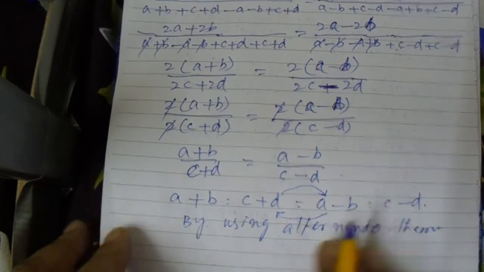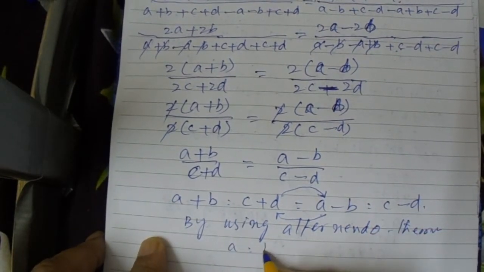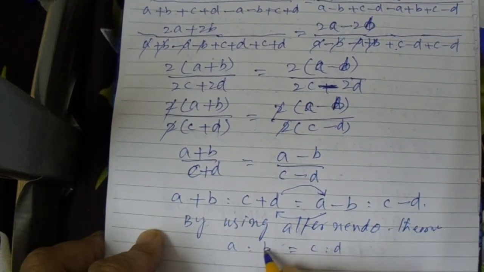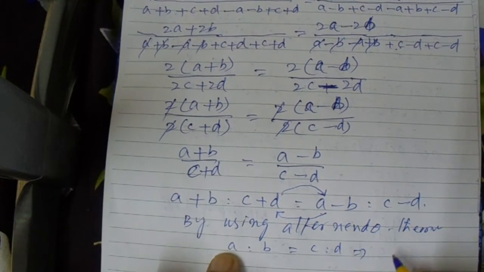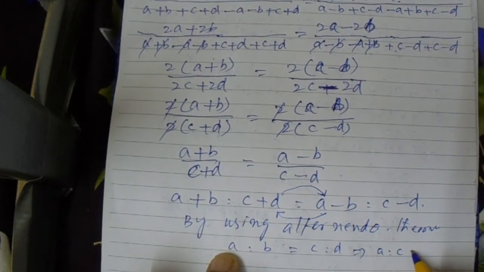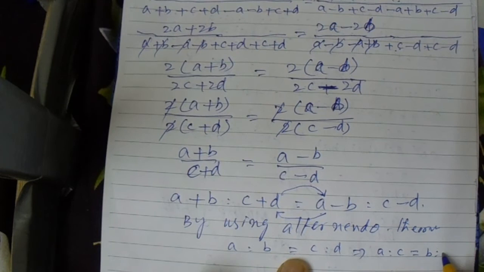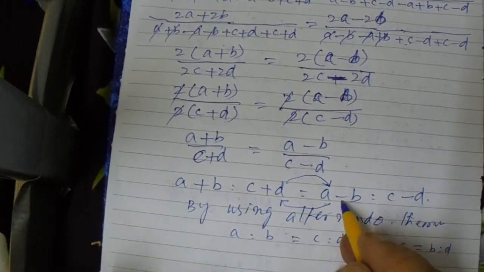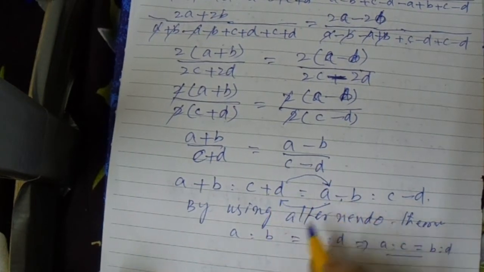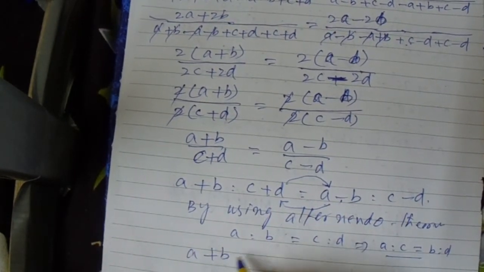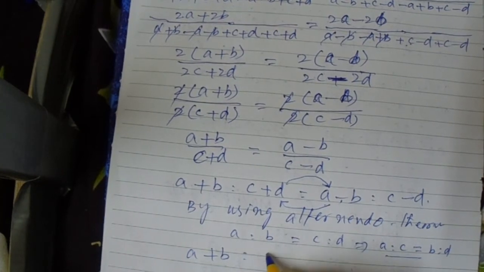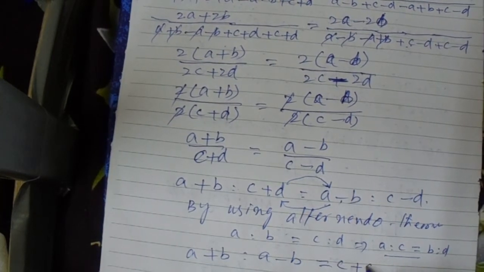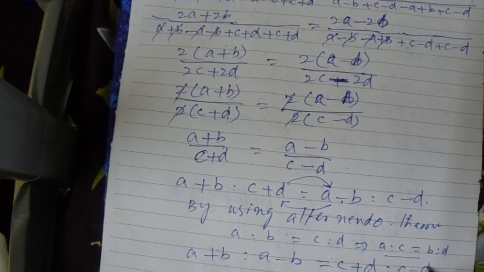We write A ratio B is equal to C ratio D, and by using alternando we write A ratio C is equal to B ratio D. Now this is given, and we move this side and this side here: A plus B ratio A minus B is equal to C plus D ratio C minus D.